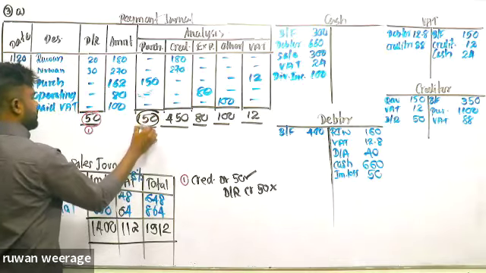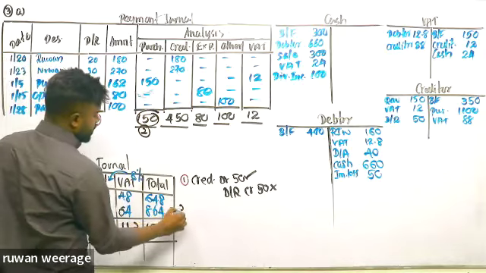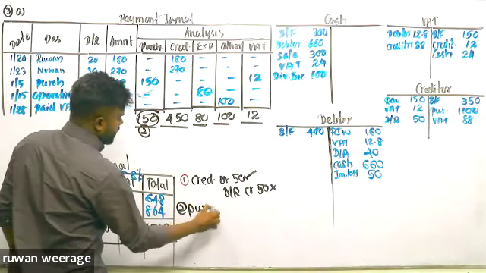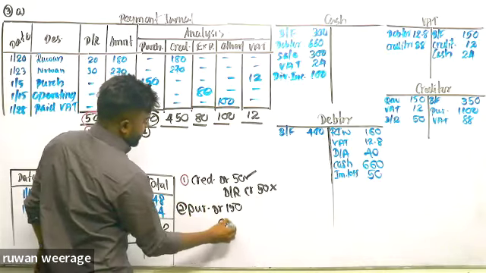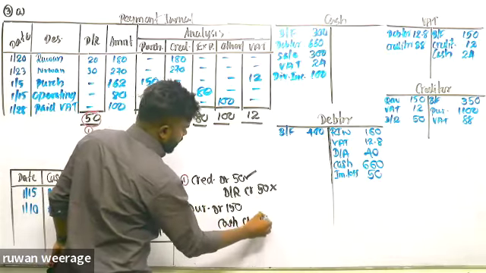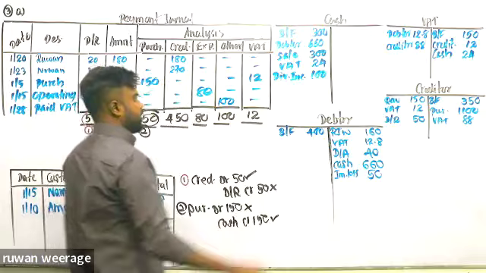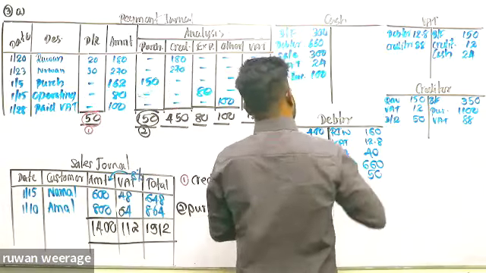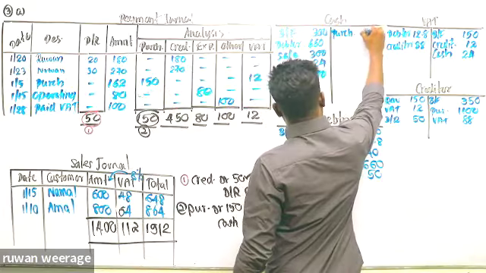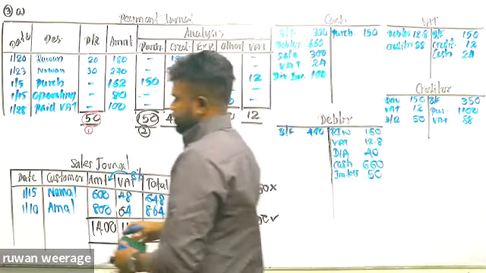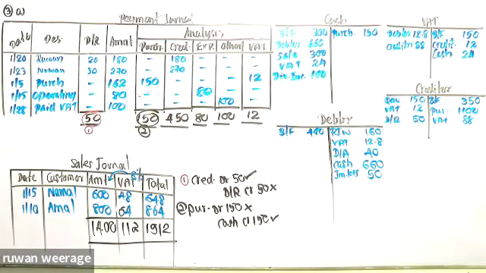This one, purchase, make the double entry. Purchase debit 150, cash credit 150. Only cash, no need for purchase.